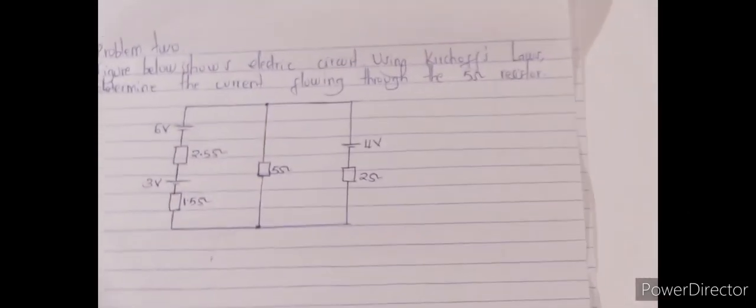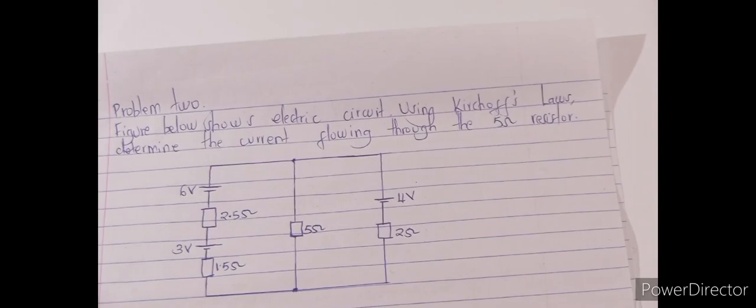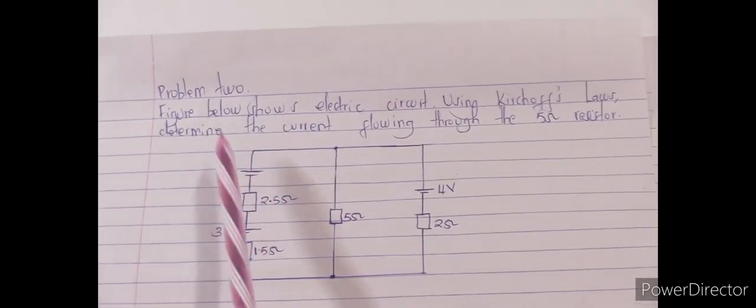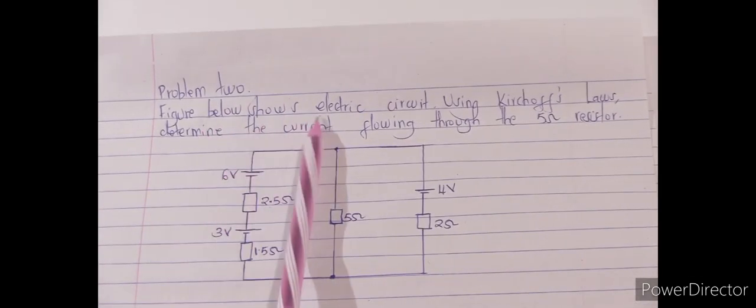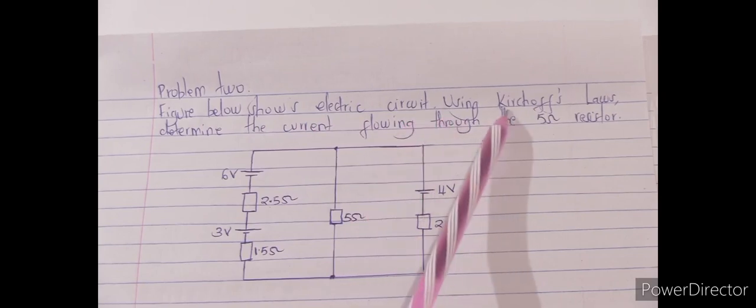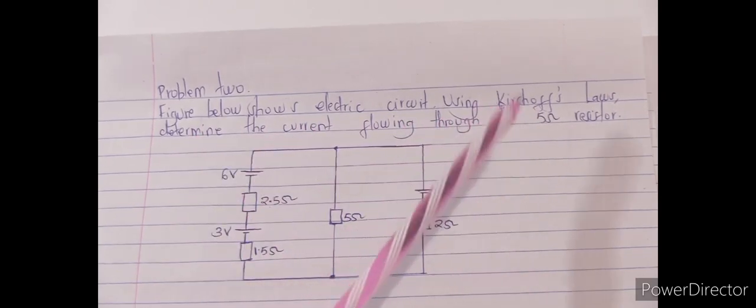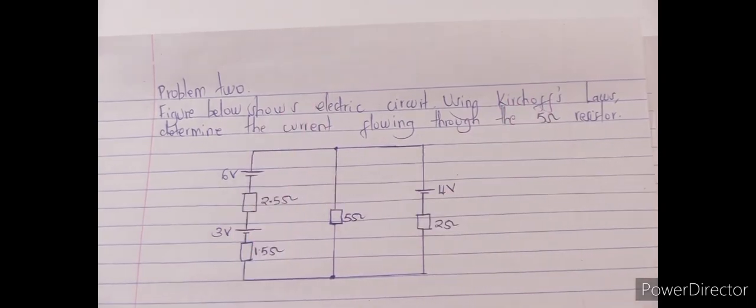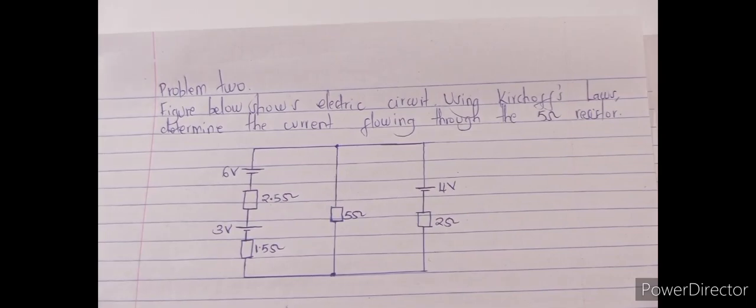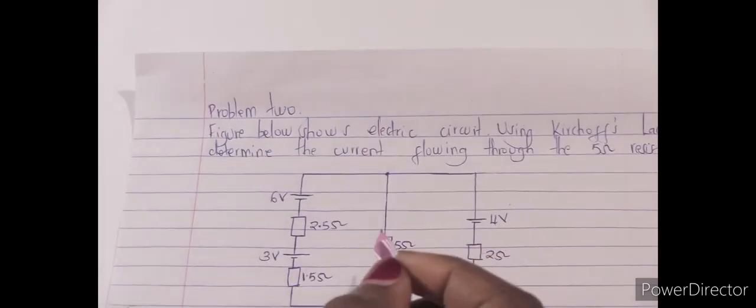So problem 2, the question is as follows. The figure below shows an electric circuit. Using Kirchhoff's laws, determine the current flowing through the 5 ohm resistor. So our first step is to put in our loops' direction.